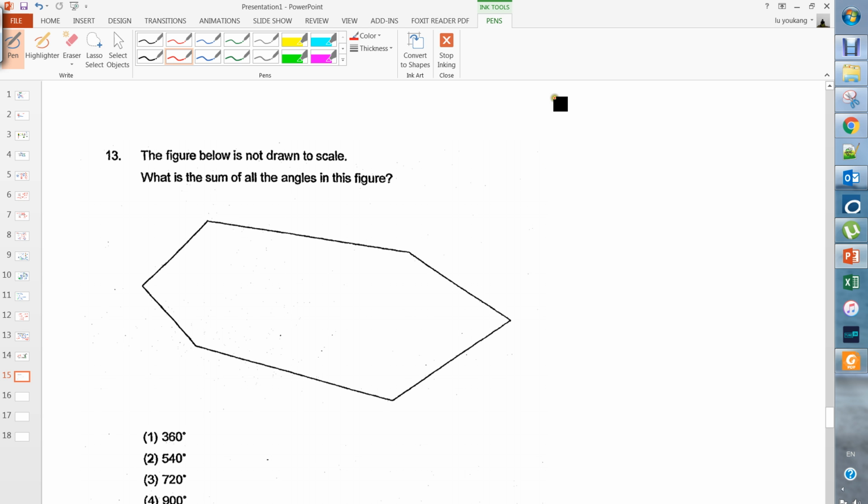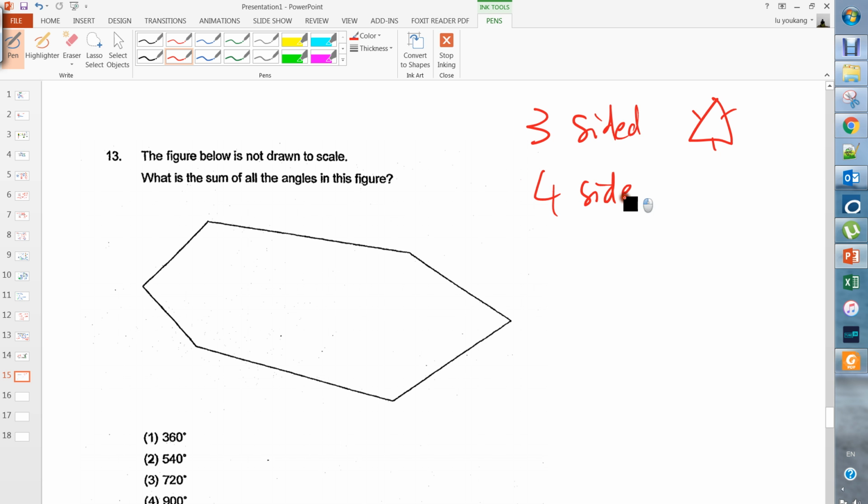How many sides? 3. 3-sided triangle. Then 4-sided is called? Square. No lah. Quadrilateral. Square is only one type of quadrilateral. Rhombus is also one type of quadrilateral. So under quadrilateral you have rectangle, square, rhombus, parallelogram. But I want the head of the branch.